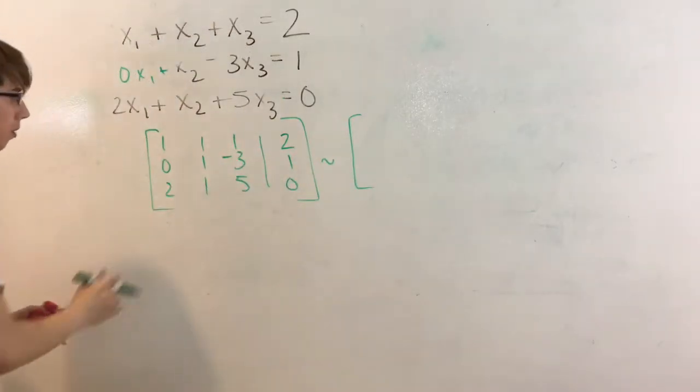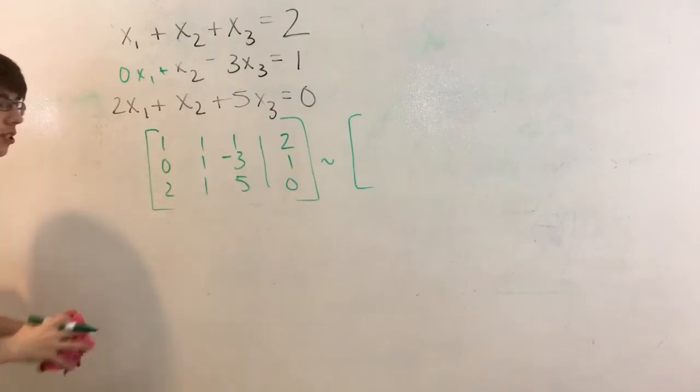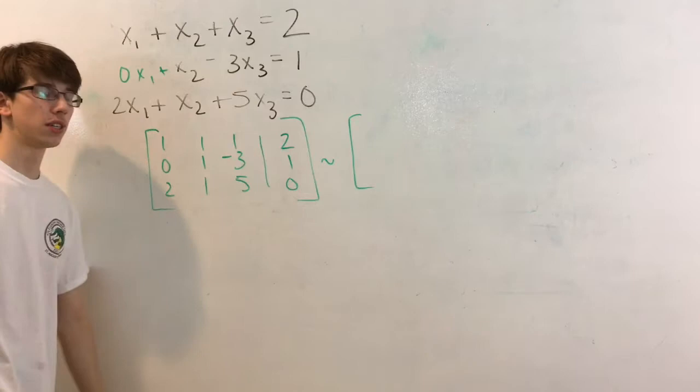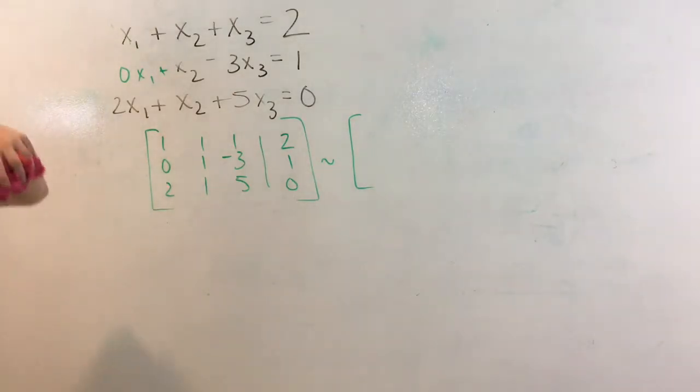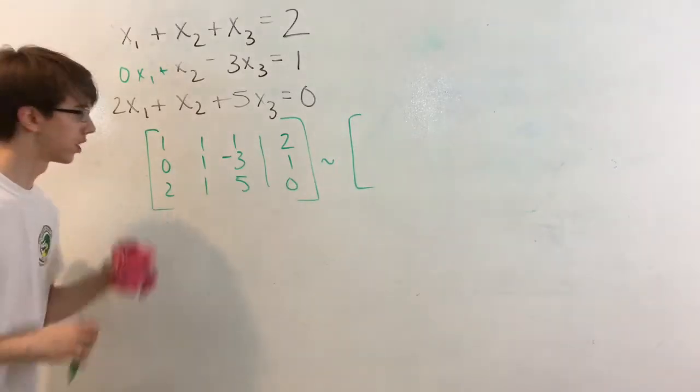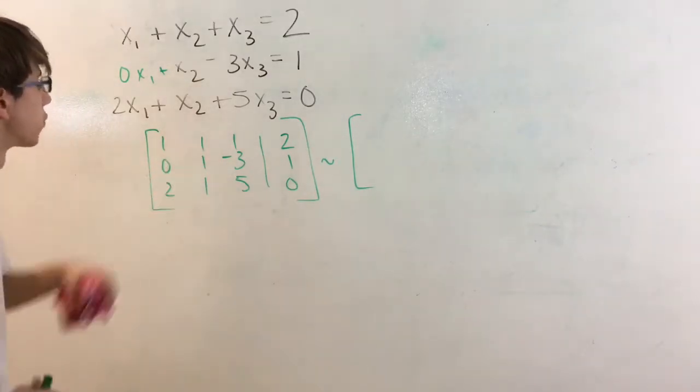First thing we want to do, well, we already see that this is 0, 1, negative 3. So the first row doesn't have any zeros at the start, and that's good because otherwise we'd have to do a row exchange. And in this case, I don't believe we have to do a row exchange yet. So we'll leave this first row alone.